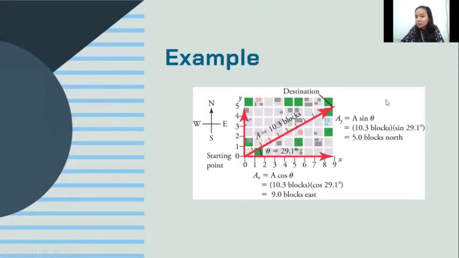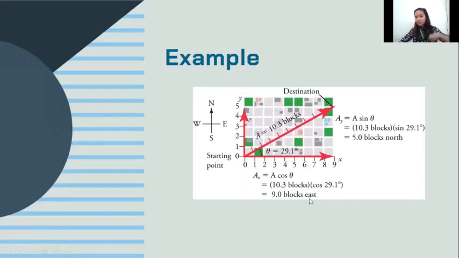This is your y component: Ay is equal to A sine theta. You plug in the values, and you will get 5 blocks to the north. The same with the x component, or your Ax: you use A cosine theta. You plug in the values, this is your A, this is your theta, and you will get 9 blocks going to the east.